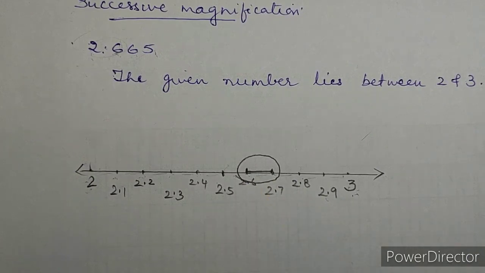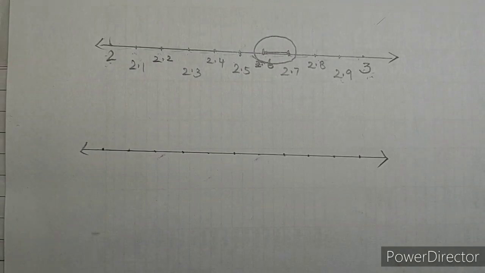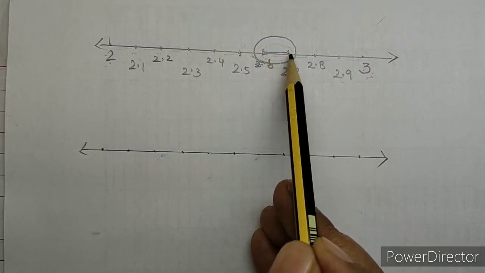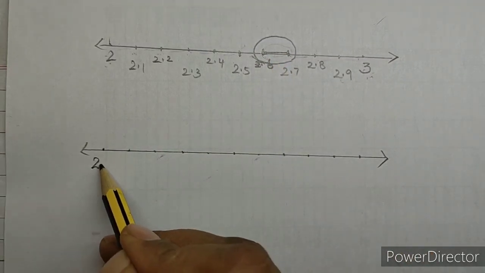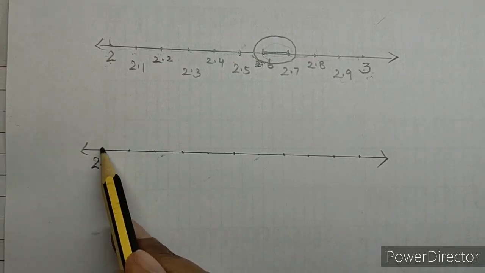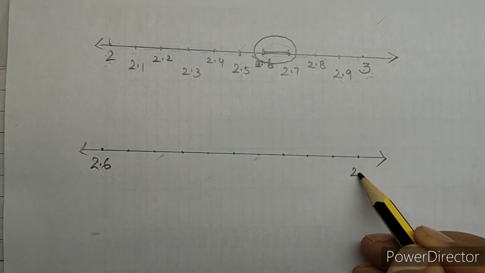Just see the second number line. I have marked it here. Only this portion we are focusing on and magnifying. The first point will be 2.6 and the last point will be 2.7.